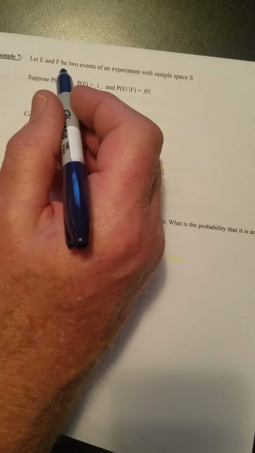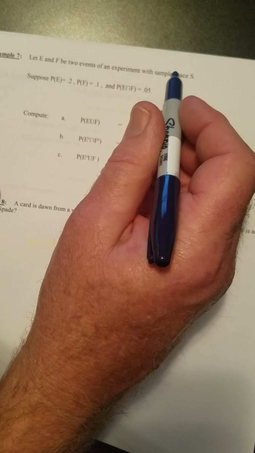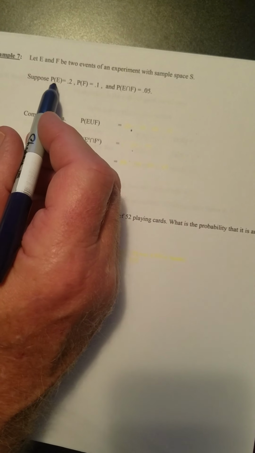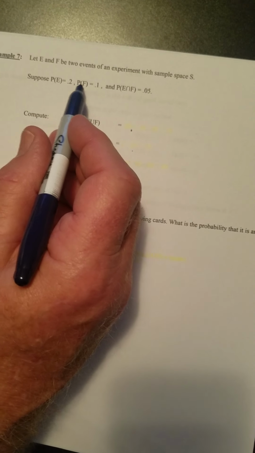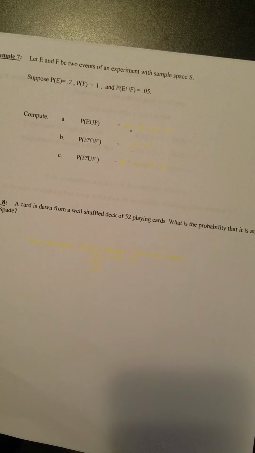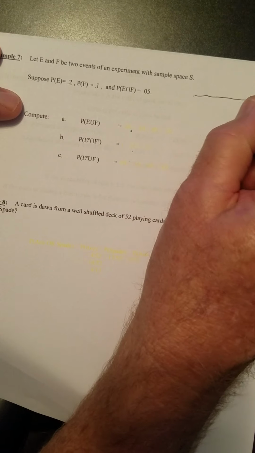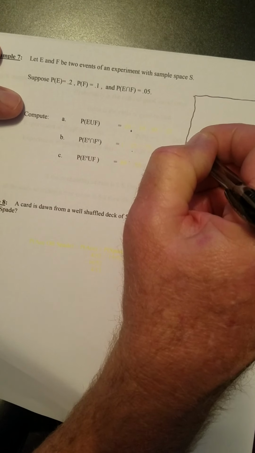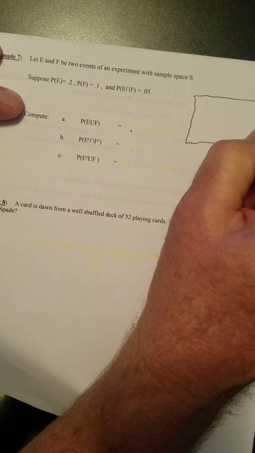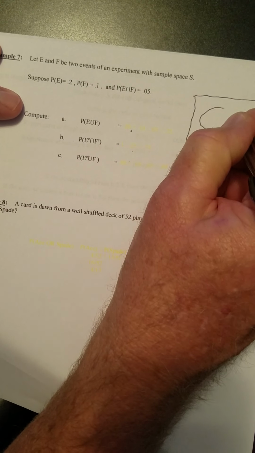Let E and F be two events of an experiment with sample space S. We know the probability of E is 0.2, the probability of F is 0.1, and the probability of the intersection is 0.05. So let's draw our diagram. Now on this one, there is an intersection.